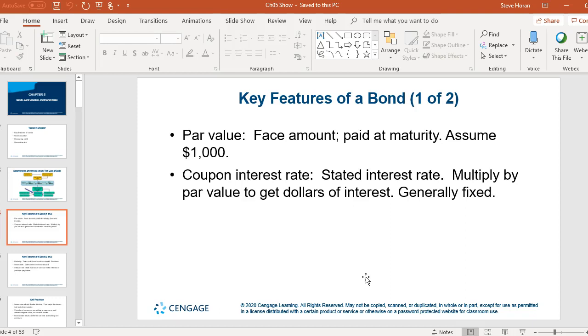It's called the coupon interest rate or the stated rate. We multiply par value by this rate to get the dollars paid in interest, and generally it's fixed. Now you can buy bonds where that fluctuates based on some indexes. Let's not worry about that in this class. Basically, whatever that rate is, it's the same for the whole life of the bond.